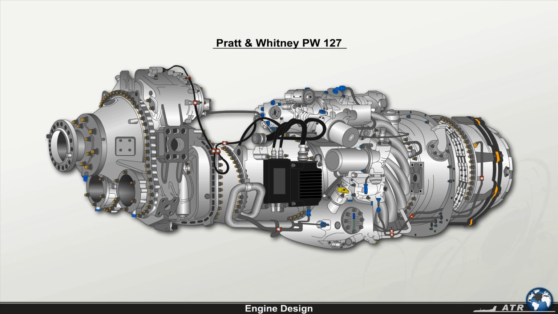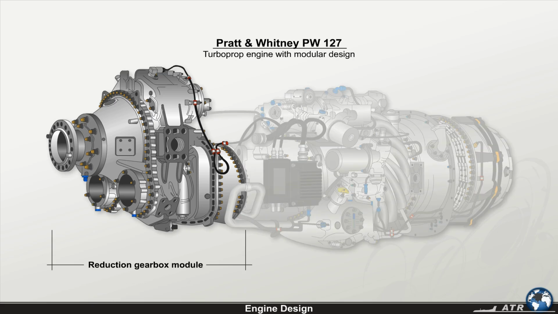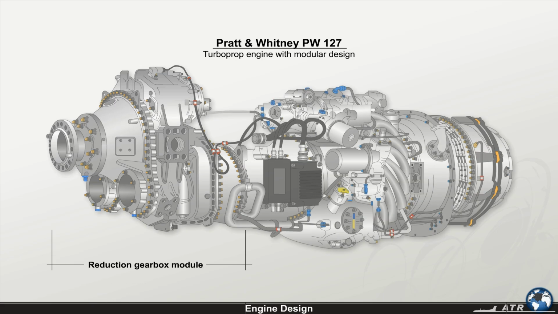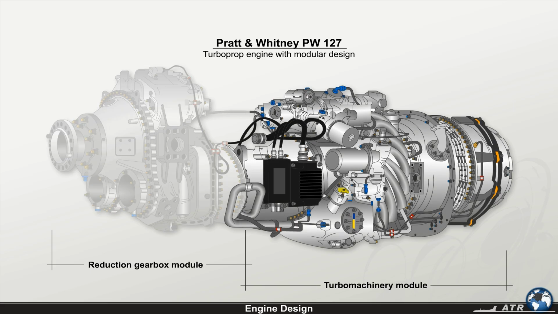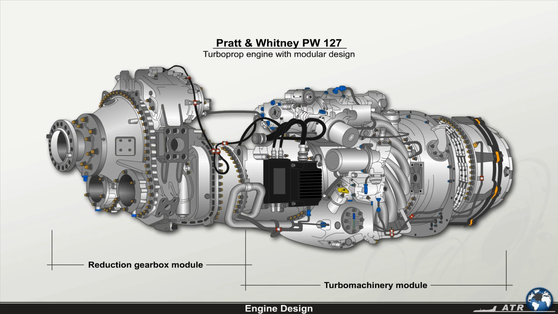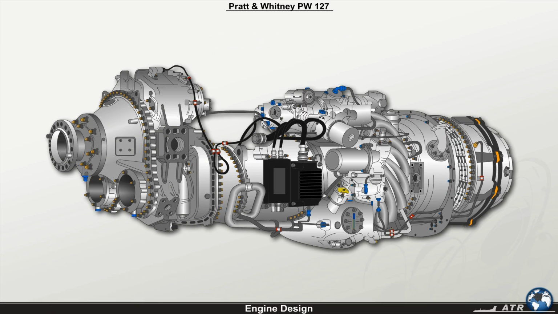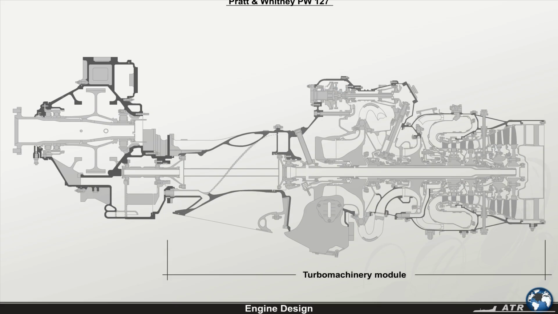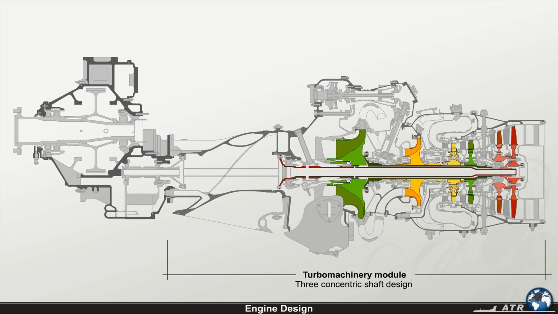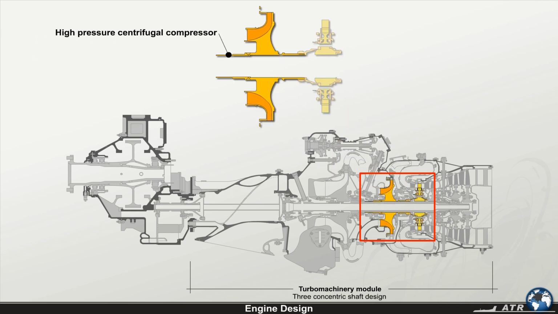The Pratt & Whitney PW127 is a turboprop engine with modular design made up of a reduction gearbox module and a turbo machinery module. The turbo machinery is a 3 concentric shaft design and houses a high-pressure centrifugal compressor driven by a single-stage high-pressure turbine, which forms the high-pressure spool.